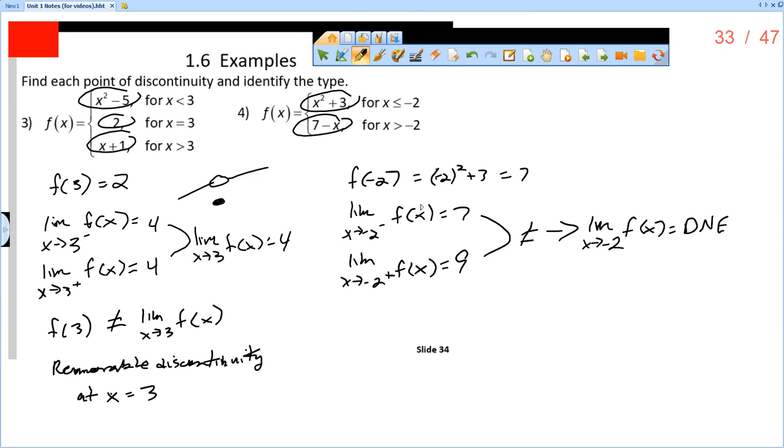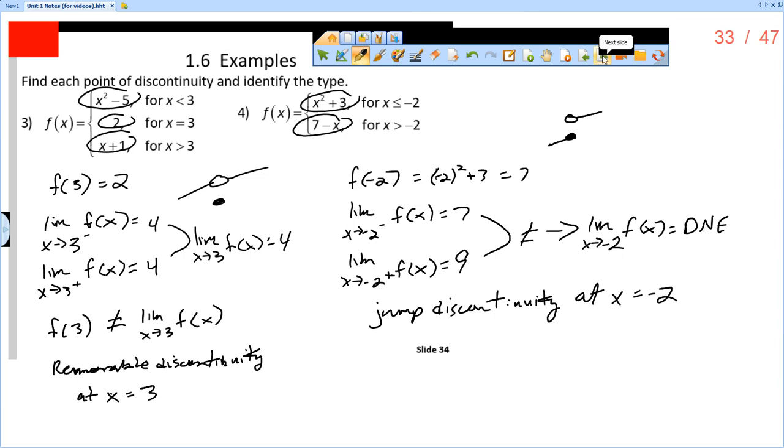So what's the situation here? Well, on the left of -2 we are coming into a closed circle, and on the right of -2 we are going out of an open circle, and so this would be a jump discontinuity at x equals -2.